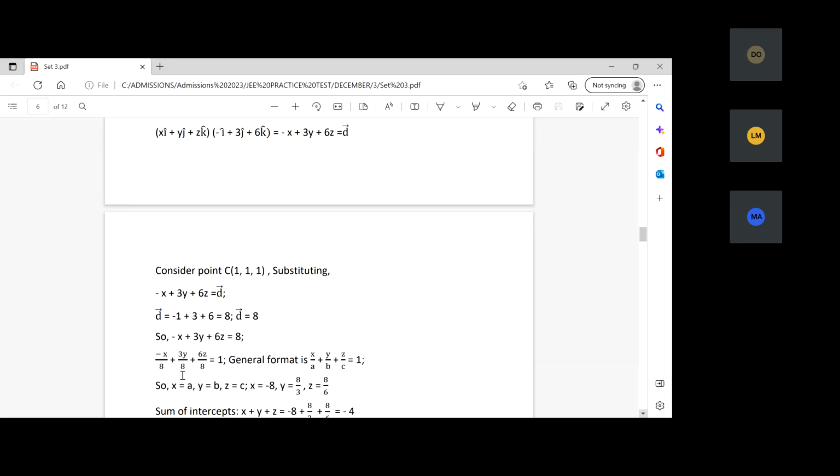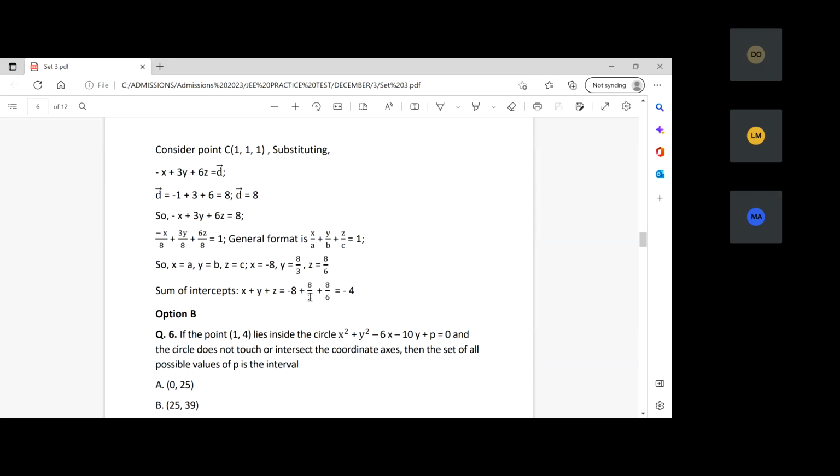X can be minus 8, y can be 8 by 3 and z can be 8 by 6. The question asked me to add these intercepts, or find the sum of them. So it will be minus 8 plus 8 by 3 plus 8 by 6. So this will be minus 4. I hope it's clear.